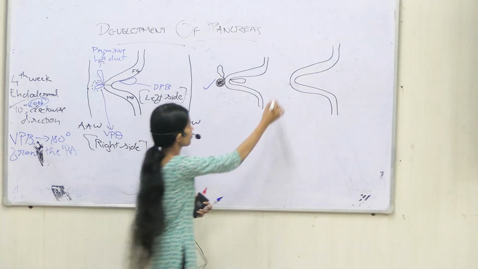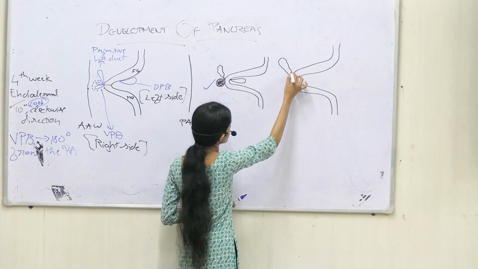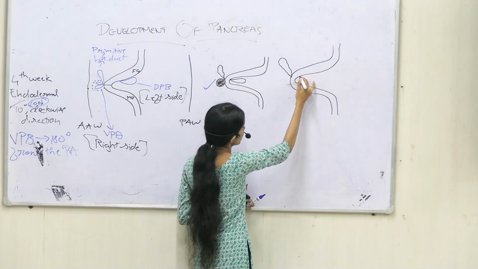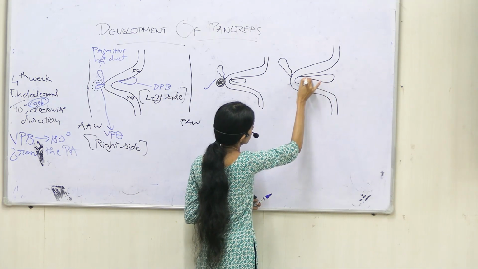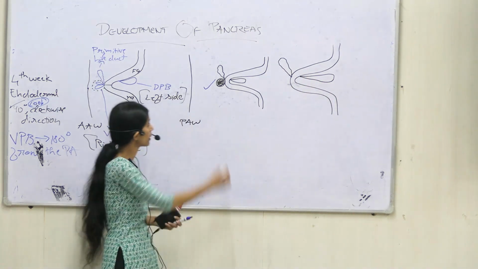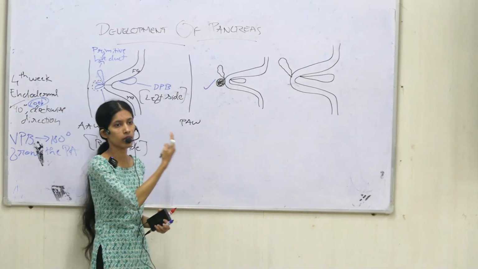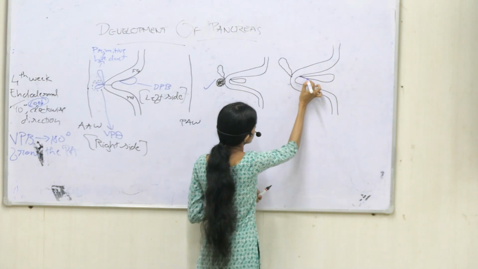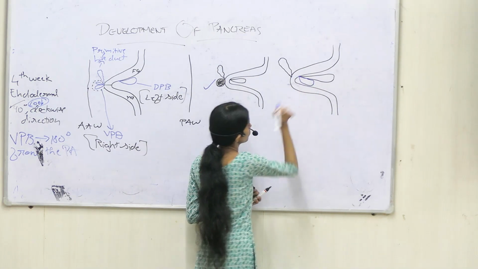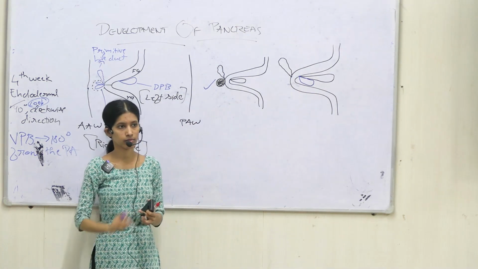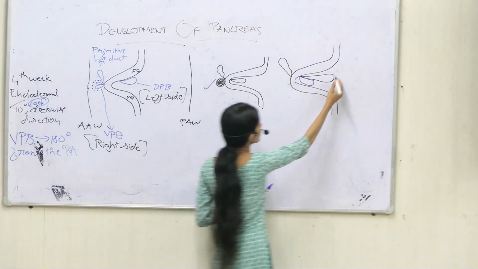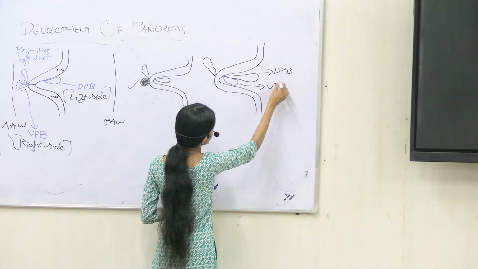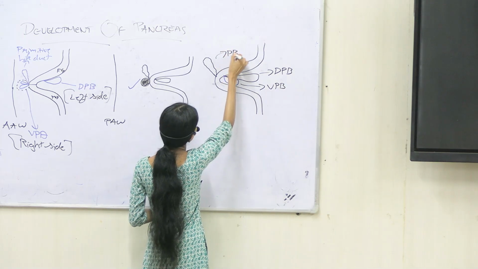Your primitive bile duct is going to be here. We already have the dorsal pancreatic bud. Now the ventral pancreatic bud will undergo 180-degree rotation and come and present here. So this is the dorsal pancreatic bud, ventral pancreatic bud, and bile duct.